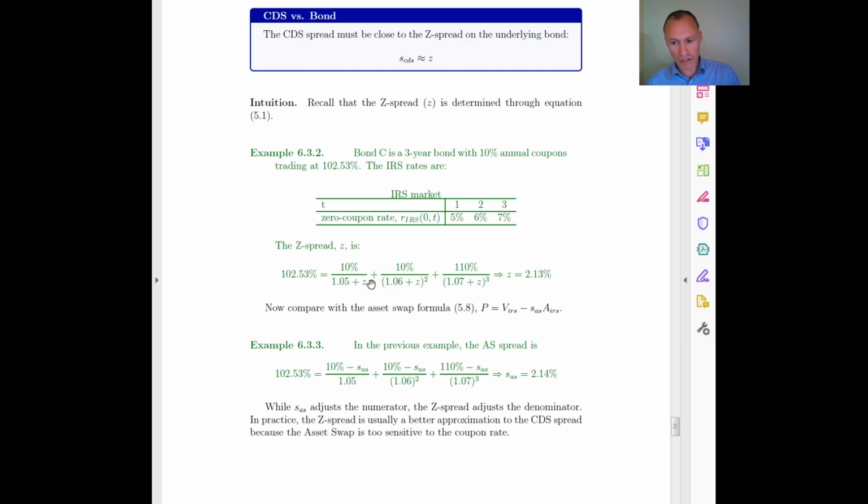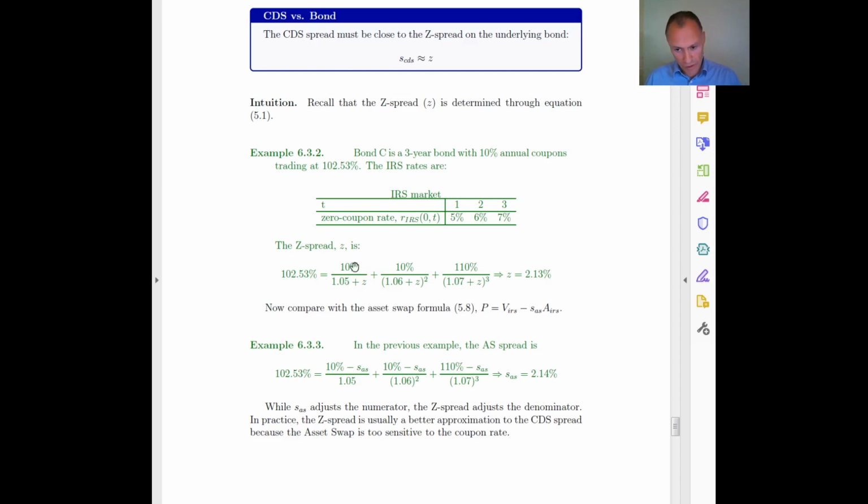So the hammer in this Z spread is hitting here in the denominator, right? We are adjusting the denominator. We are increasing the denominator to make the right-hand side equal to the price. In the asset swap, the hammer is hitting in the numerator. So we are adjusting here, we are reducing the numerators to make the right-hand side equal to the market price.